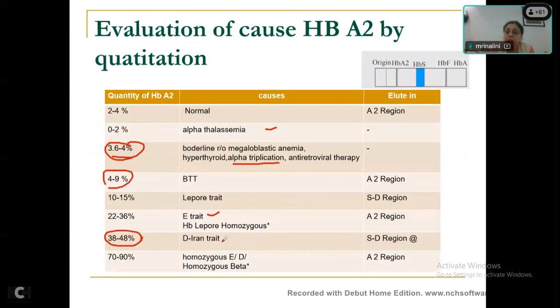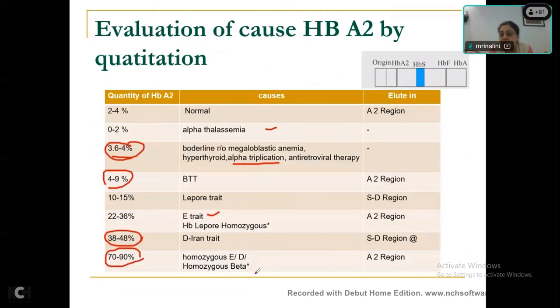So you need to be acquainted with the various percentages of HbA2 before coming to a diagnosis. So 38 to 48 we have D Iran, and 10 to 15 we have Lepore trait, and in between we have HbE trait. And in the homozygous condition of 70 to 90%, we can have any of these.